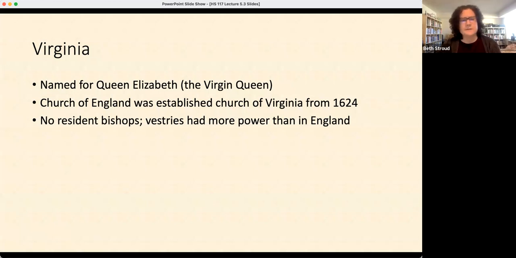There were no resident bishops in Virginia for a long time, and vestries held significant power over congregations and over ministers. And so the Anglicanism in Virginia gradually developed a reputation for being, let's say, a little looser, a little more poorly organized than at home.